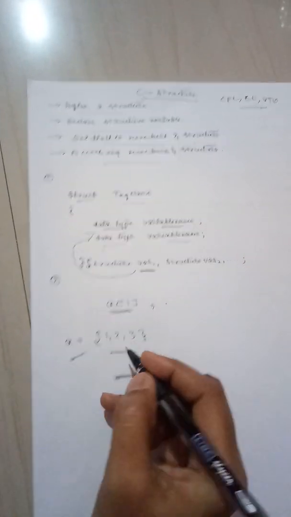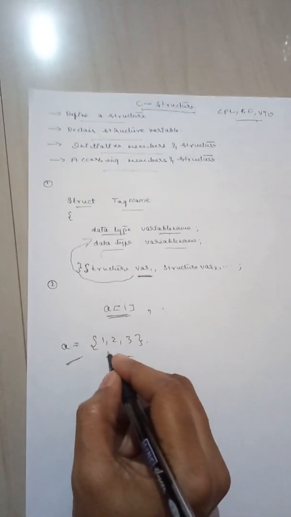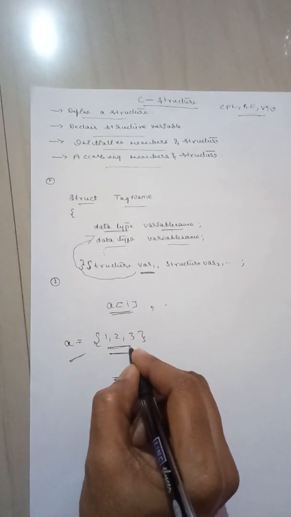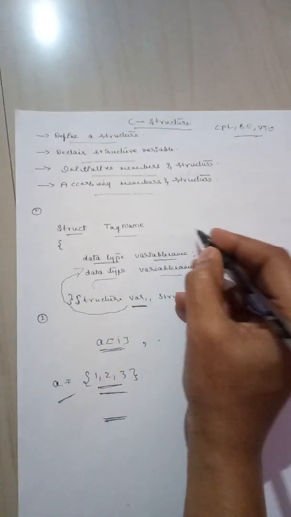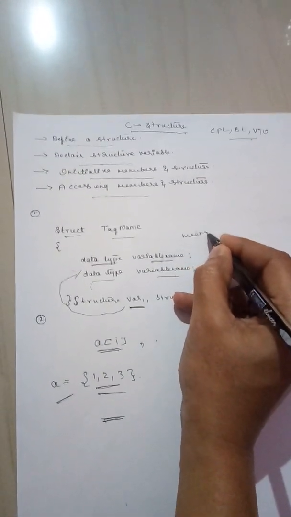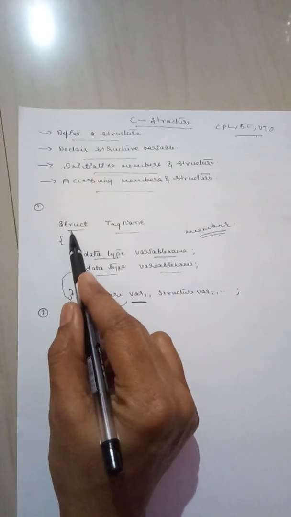In the array case we use the word elements for its contents, but in the structure we use the word members for all the contents of the structure.